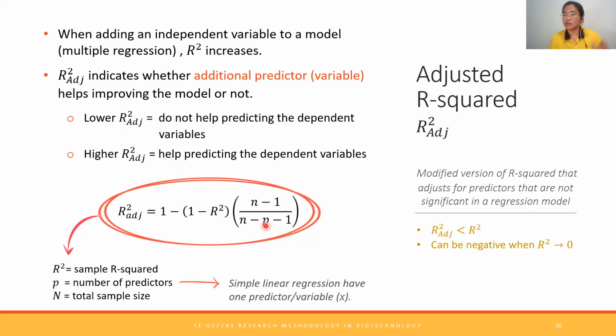Basically, adjusted R-square tells you that the more predictors you have, the more complex your model or equation is, because you have so many terms added together. So the more complex your equation to predict your experimental data is, the lower the adjusted R-square is compared to the R-square.